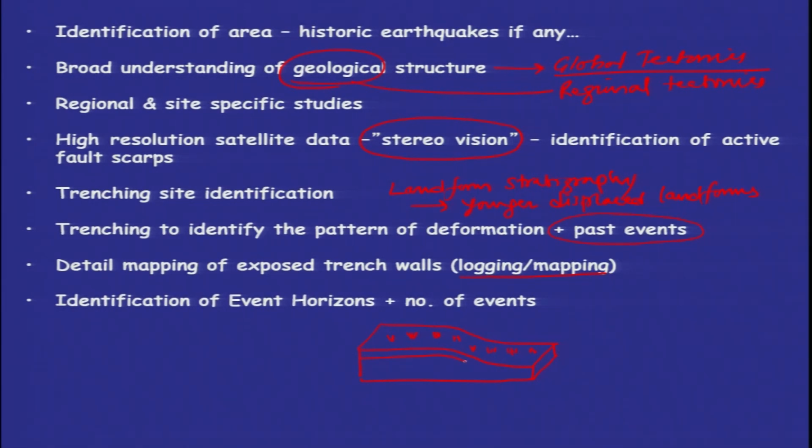Okay. So, suppose you have this layer over here, and then the rest of the layers were displaced. So, you have this unit that was displaced, and this was capped by this.